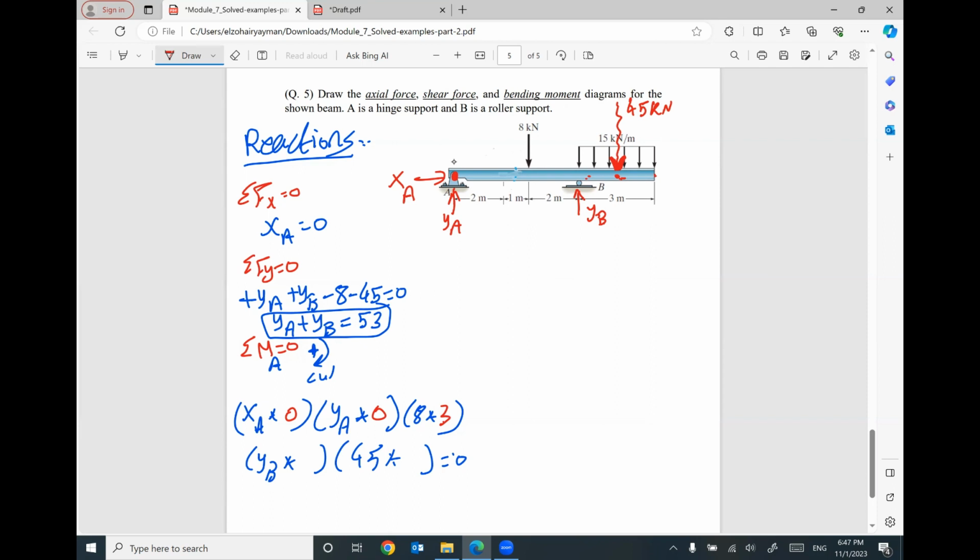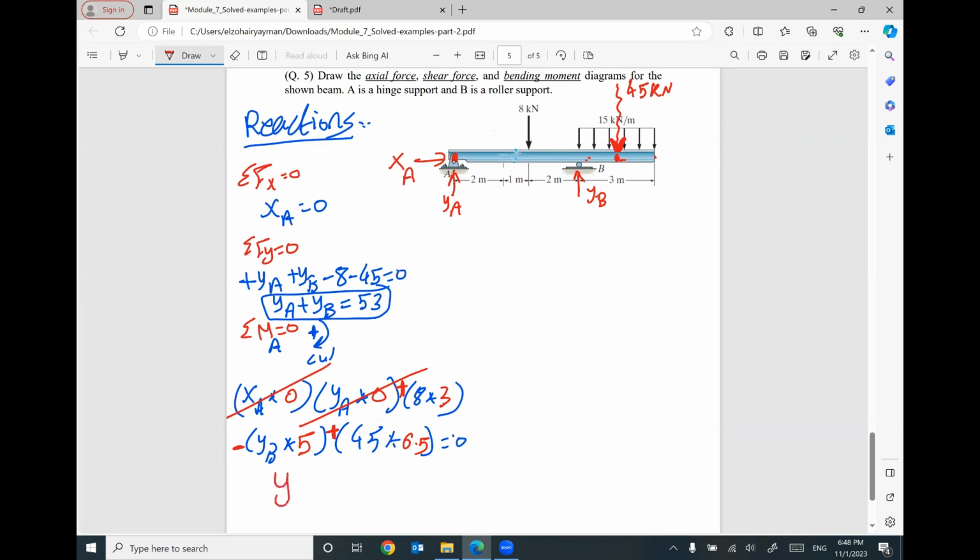YB and A, it's 5 meters. 45 at this position and A, it will be 6.5 meters. This term will be 0. This one will be 0. 8 times 3 will be positive clockwise. YB will be counterclockwise. This one will be positive clockwise. The only unknown is YB.